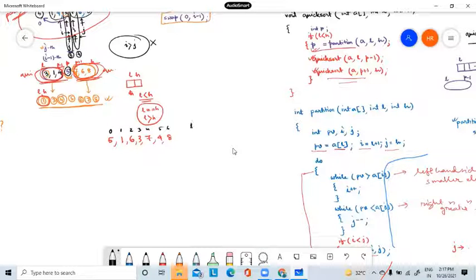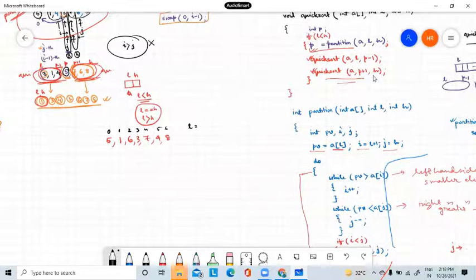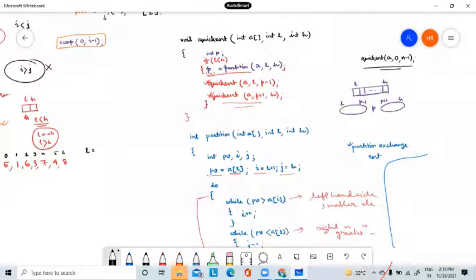Okay, so when I call quick sort, this is the quick sort call from the main function. L will be initialized with 0 and H will be initialized with n minus 1.